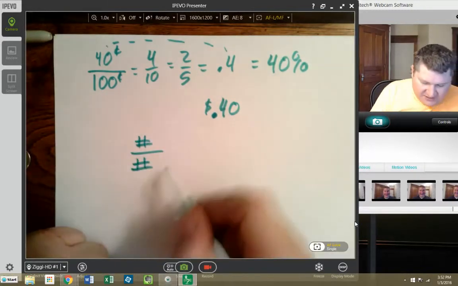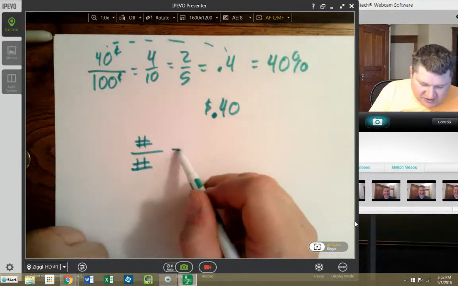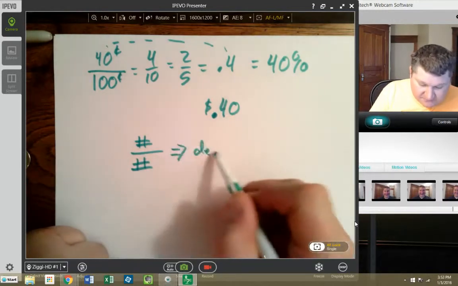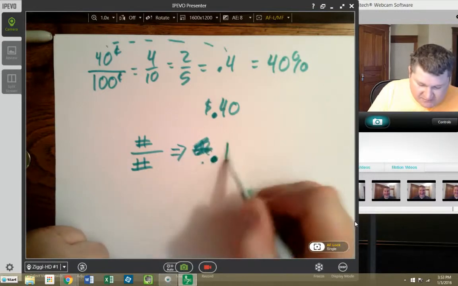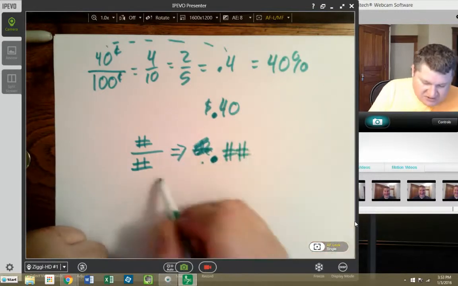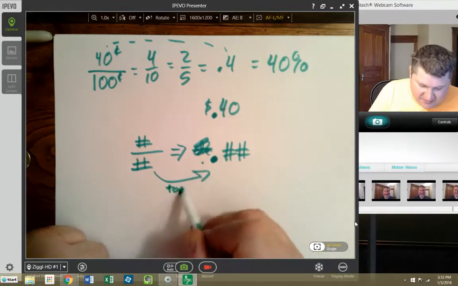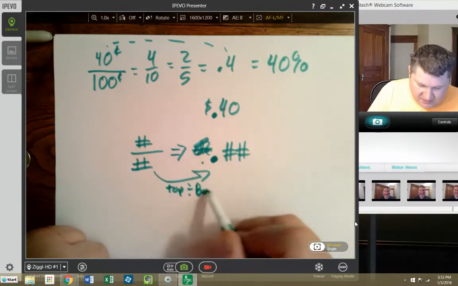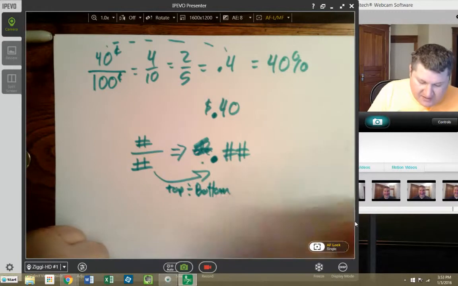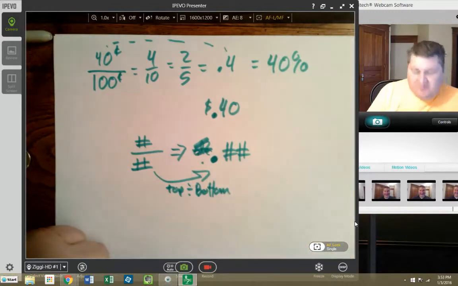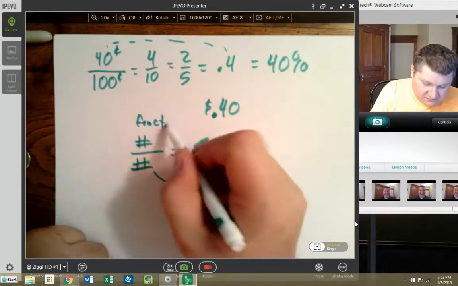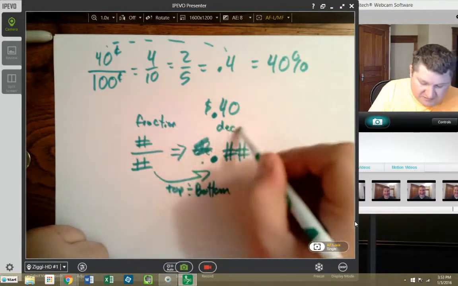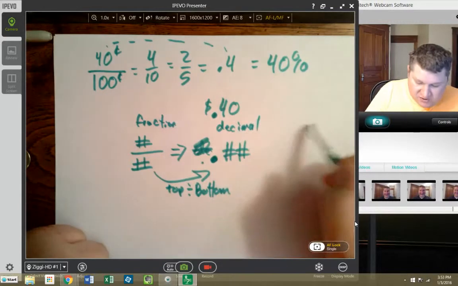Now, what we can do is to do a fraction. If I know the fraction, I need to be able to turn it into a decimal. To do that, I simply take top divided by bottom, and that gives me a decimal. Now, I need to go from fraction to decimal to percentage.